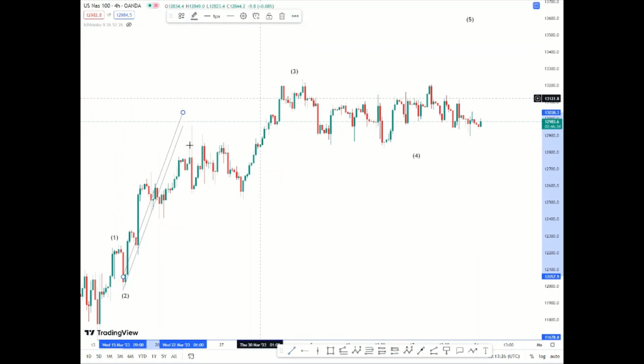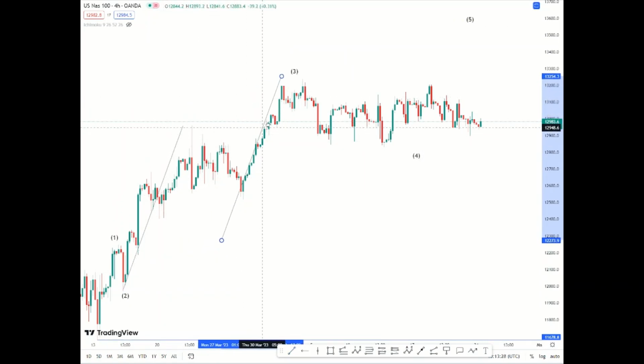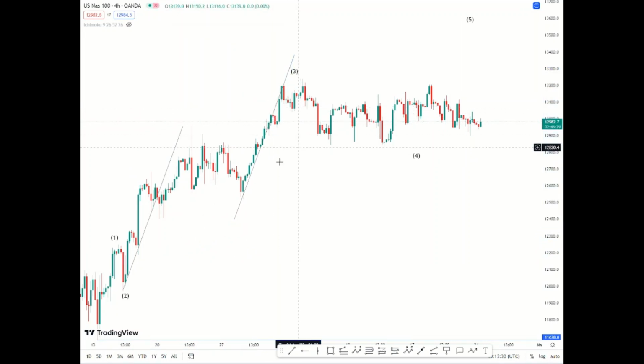So it's some kind of harmonic pattern in between, when we're making the wavelength of 3. Though this is not exactly equal, sometimes harmonic patterns are not that perfect. But the idea is that when we're making 3, we first have a harmonic pattern in that distance, while we are about to reach 3, which, if you count it as a wave, you're going to have 7 waves in the market.